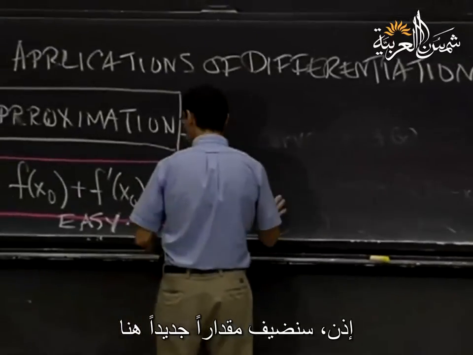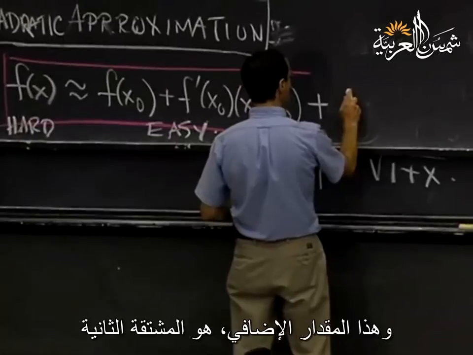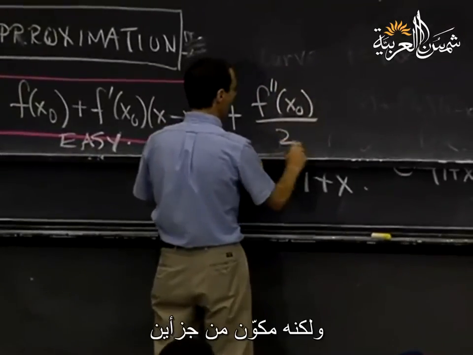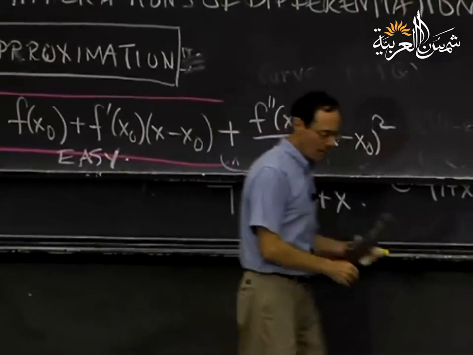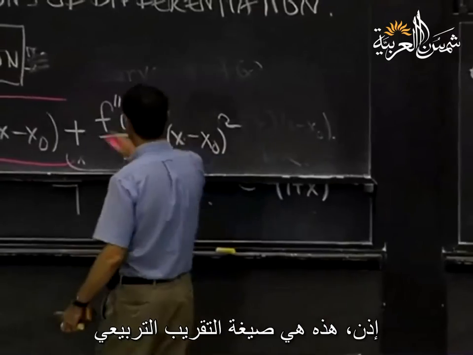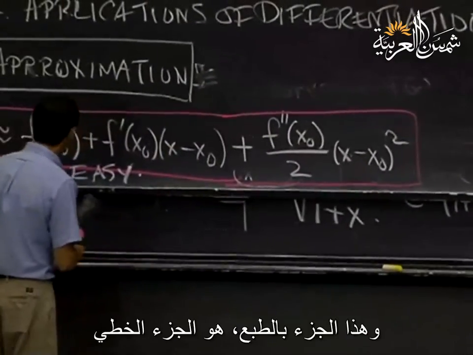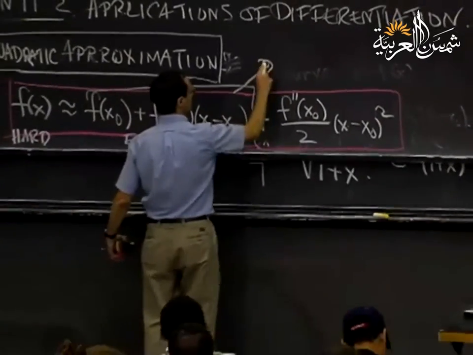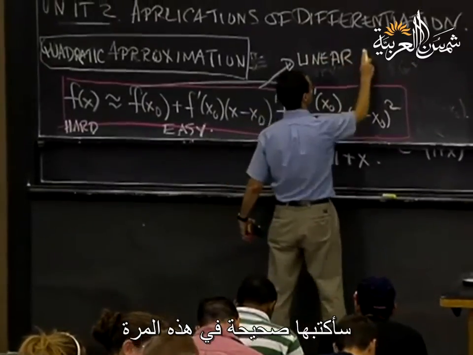So we're adding one more term here, and the extra term turns out to be related to the second derivative, but there's a factor of 2. So this is the formula for the quadratic approximation. And this chunk of it, of course, is the linear part. This time I'll spell linear correctly.